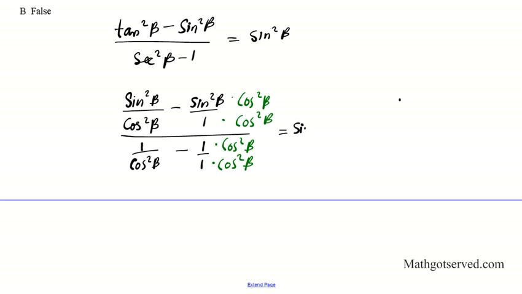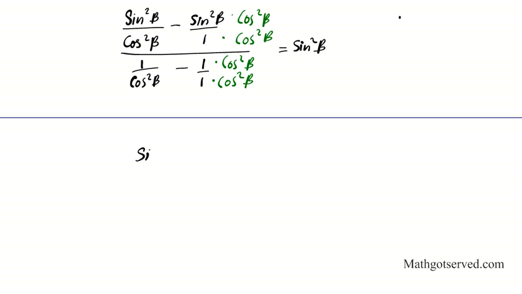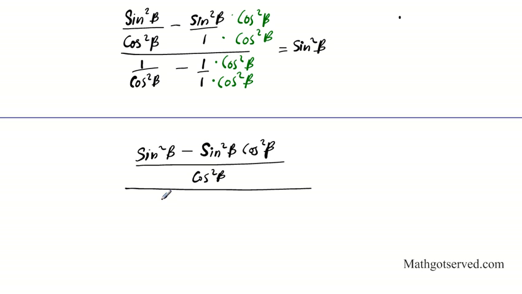Alright, so if I do the top, I'm going to have sine squared b minus sine squared b cosine squared b divided by cosine squared b, and this whole thing divided by, well, we already have the same LCD, so I can express them as a combined fraction. So we have 1 minus cosine squared b divided by cosine squared b. Okay?